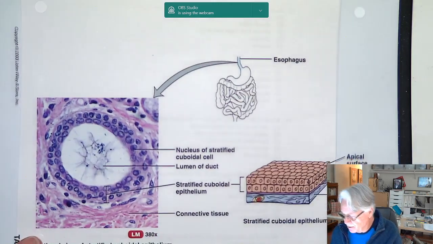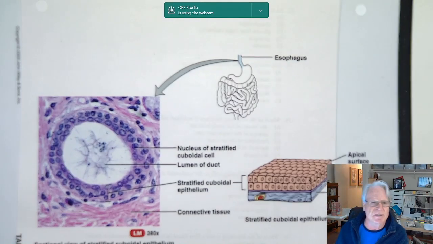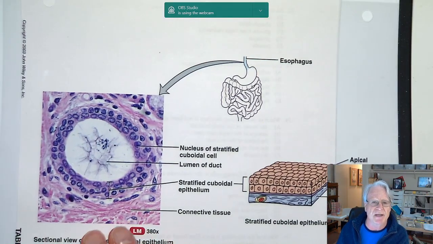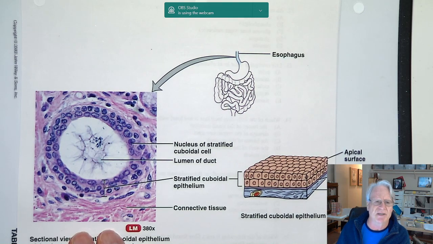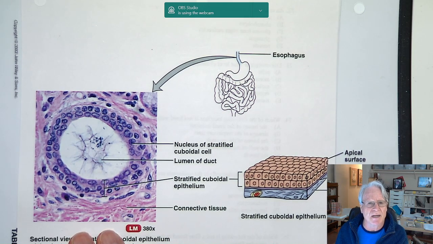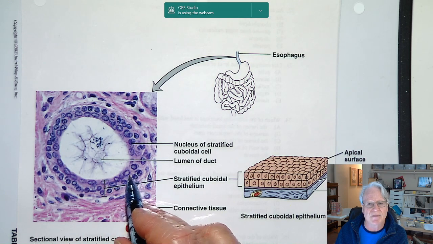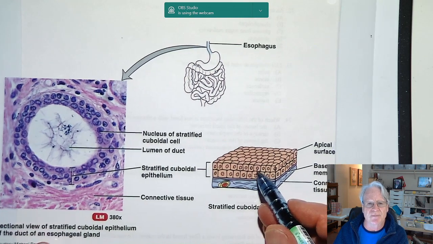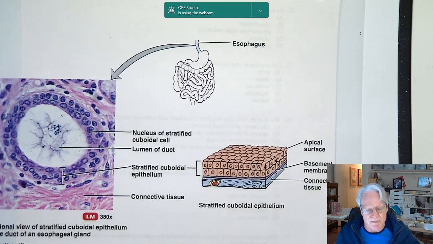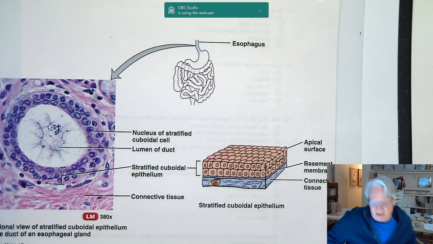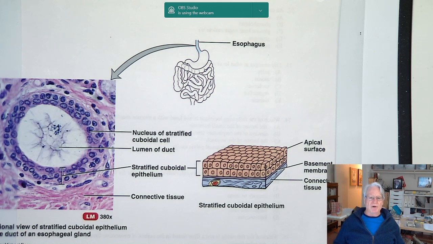All right, so again, they're using the esophagus, and this time we're looking at the duct of the esophagus rather than the actual gland producing area. And so you can see stratification here. This is the exception to the rule I mentioned earlier, where if you have stratified layers, they're typically more than one layer.